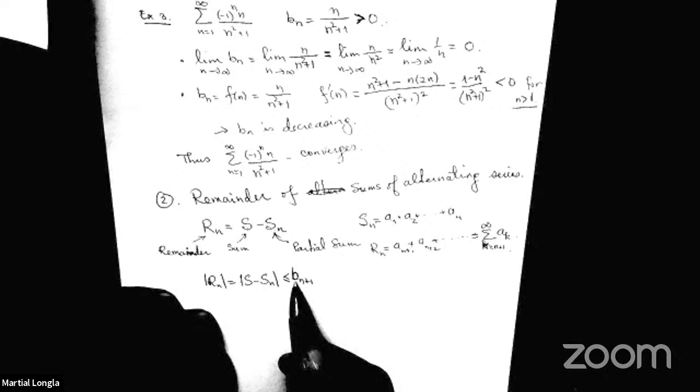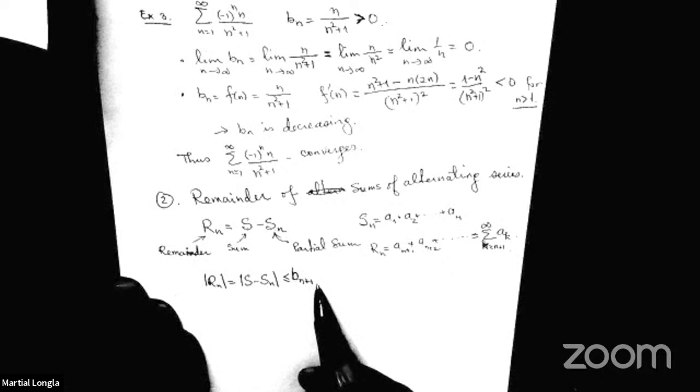So doing the plus minus, you're never going to be above the first term that comes after Sn, because you're either subtracting from it or adding to the opposite of it something that is less than it. So in absolute value, it's always going to be less than that Bn plus 1. That's the rationale behind it, okay?